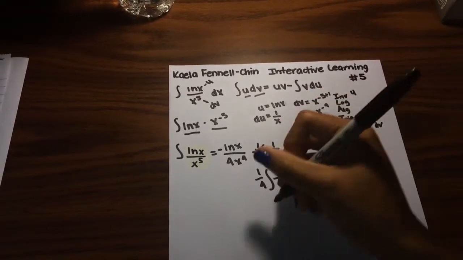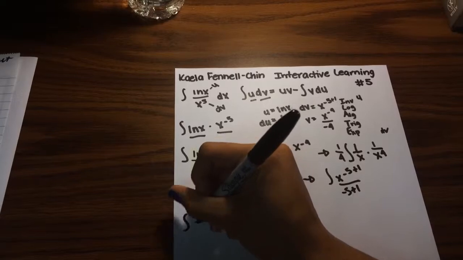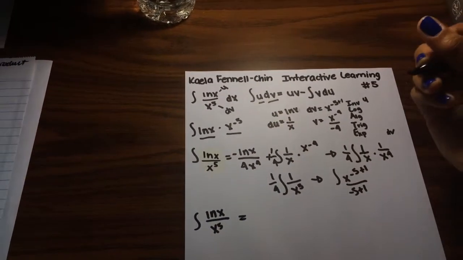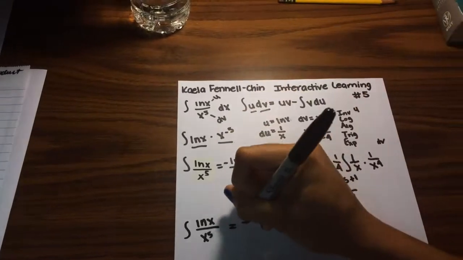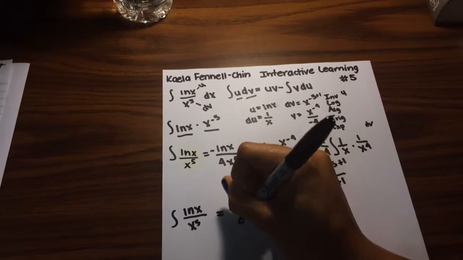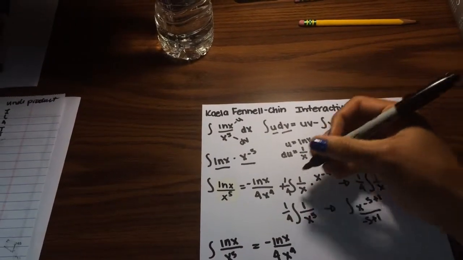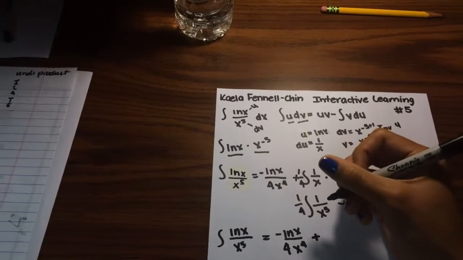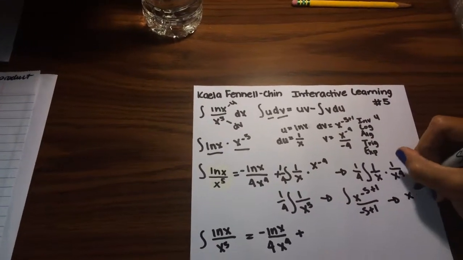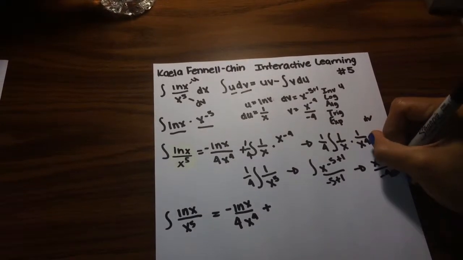So we're going to have the integral of ln x over x to the 5th is equal to negative ln x over 4x to the 4th. Then we have a plus sign, plus, and then this is going to be equal to x to the negative 4 over negative 4.